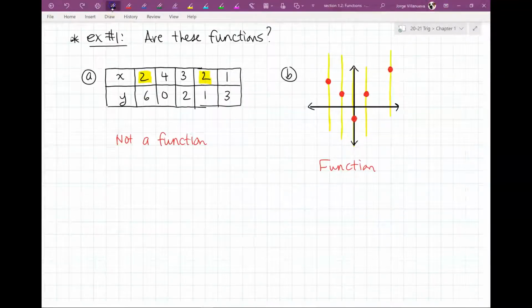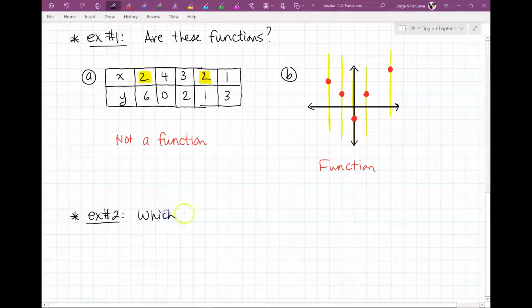So on the homework, they're going to ask you which of these equations represents y as a function of x.